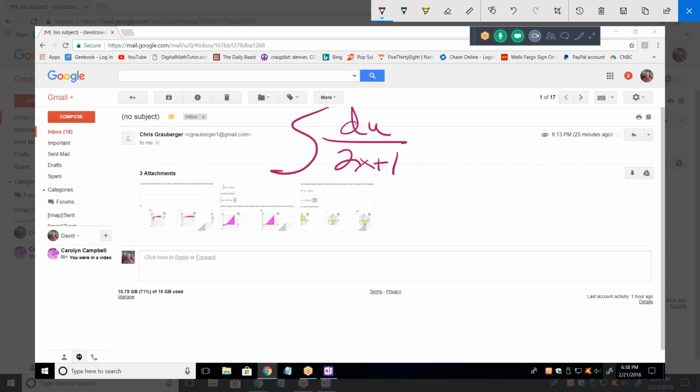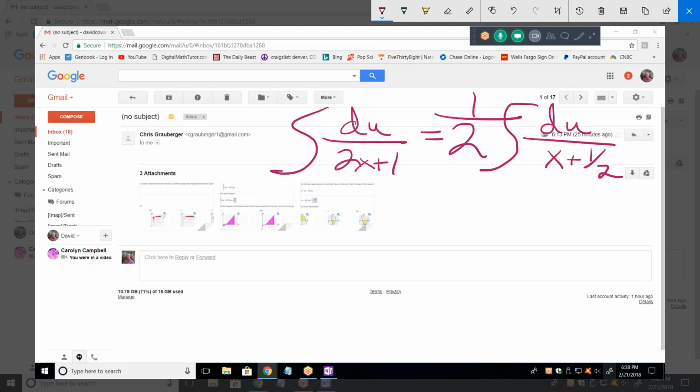So, how can I do this? What if I divide the inside by 2 and multiply the outside by 2? As such. When I divide the inside by 2, I get this. Now, do you see where that is the same as this?